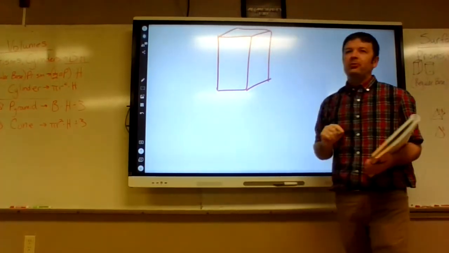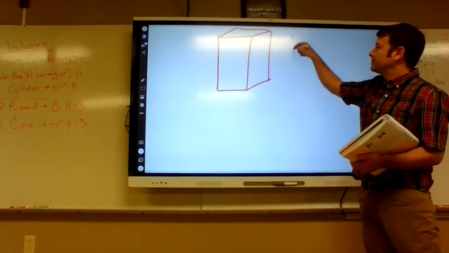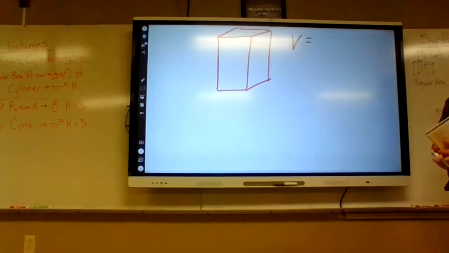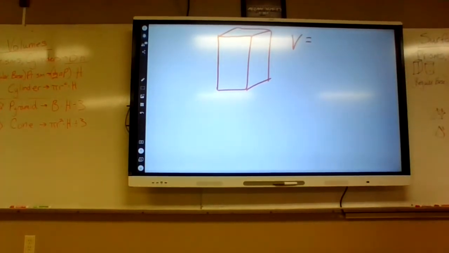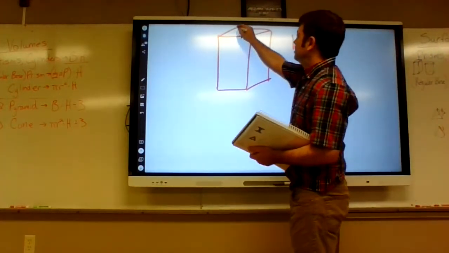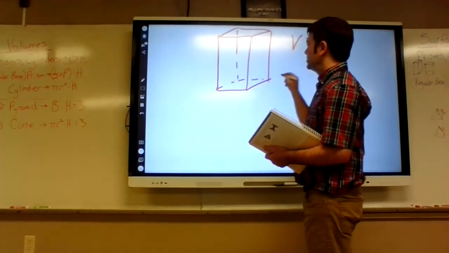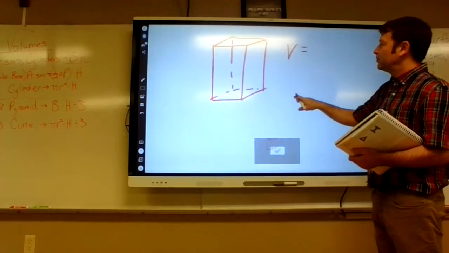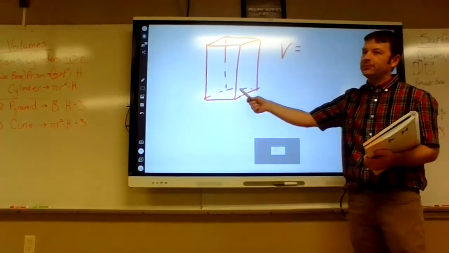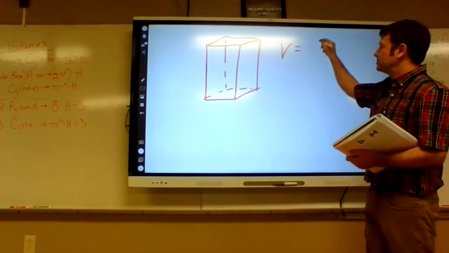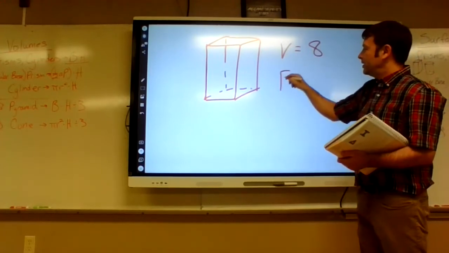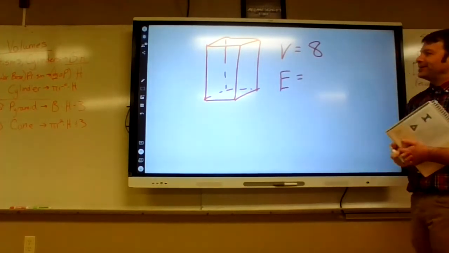Okay, you guys remember what vertices meant? Corners. How many vertices are on the top? 4. How many vertices are on the bottom? How many total? Okay. You guys remember what edges meant?